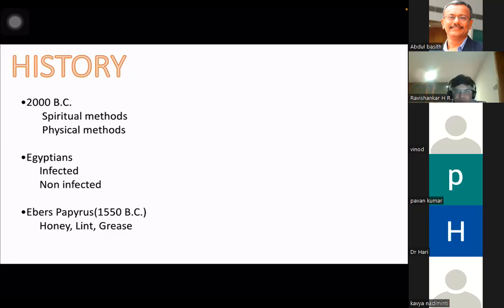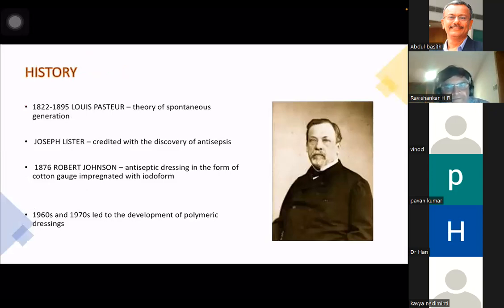The Egyptians divided wounds into infected and non-infected and treated them differently. The Ebers Papyrus used honey, lint, and grease to treat wound infections. Louis Pasteur put forward the theory of spontaneous generation. Then Joseph Lister first discovered antiseptics. Then Robert Johnson developed a gauze piece with antiseptic called iodoform. And in the 1970s, polymeric dressings were developed.